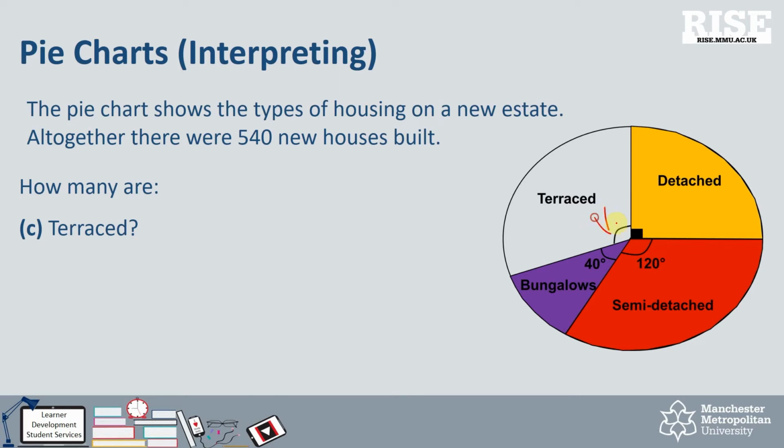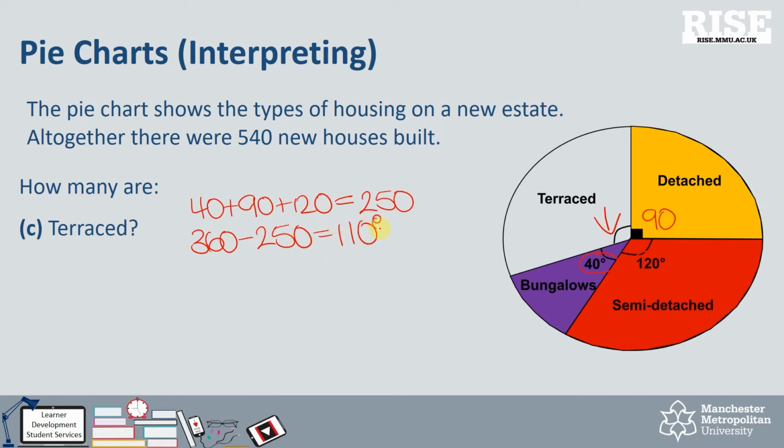So let's find out the value of this angle on the pie chart then. I know I've got 40 here, 120 there, and 90 there. So let's add the bits I know. 40 plus the 90 plus 120 gives me an angle of 250, which means the bit that's left over from the full turn must be 110 degrees.